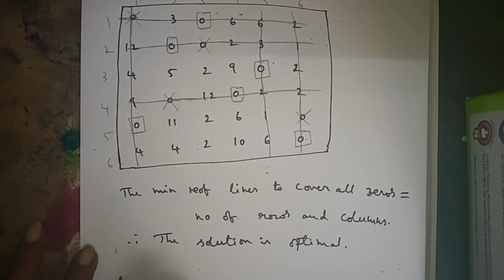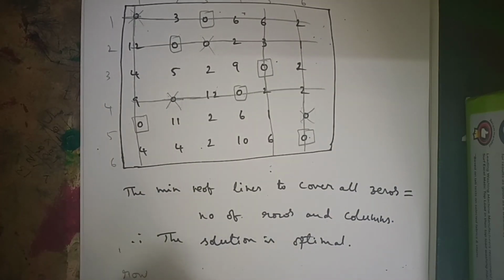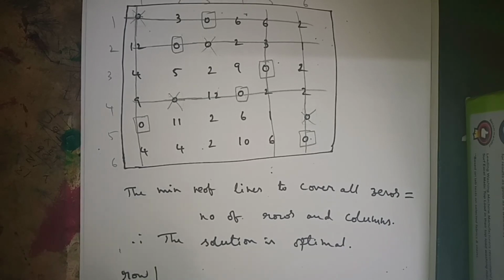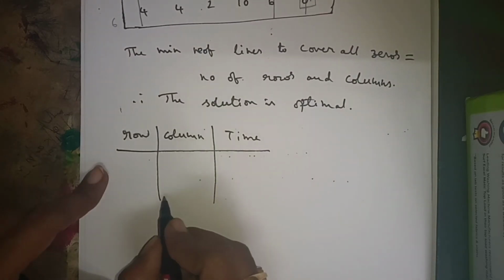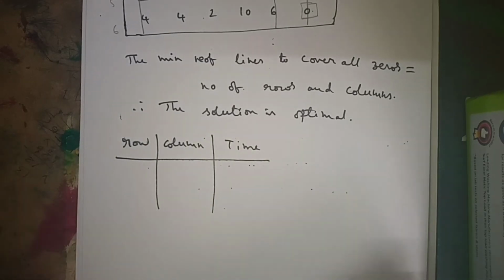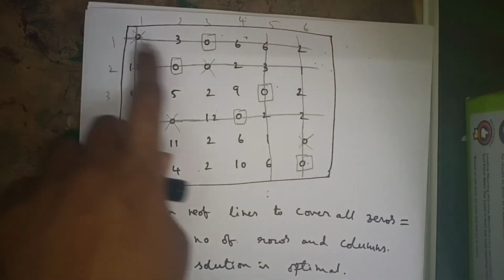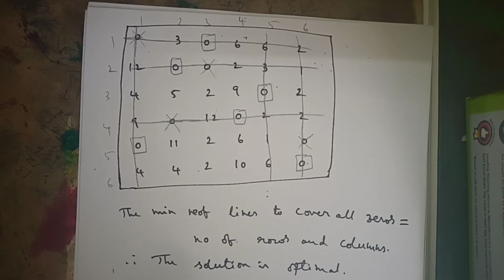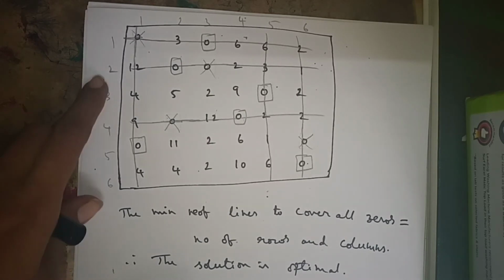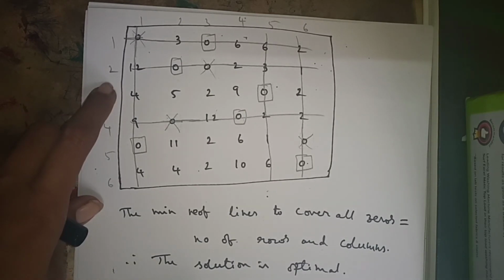Now the assignments are, this is row and column and time. Now the first row assignment is in which column? First row in the third column. Second row, second column.